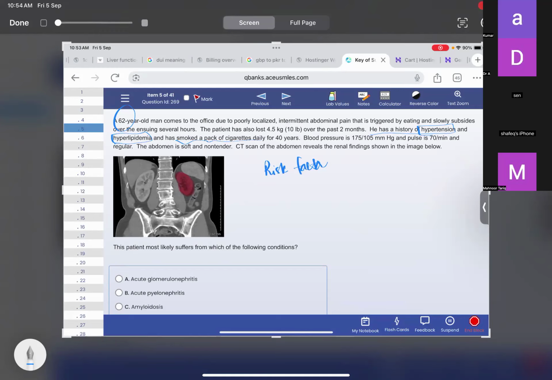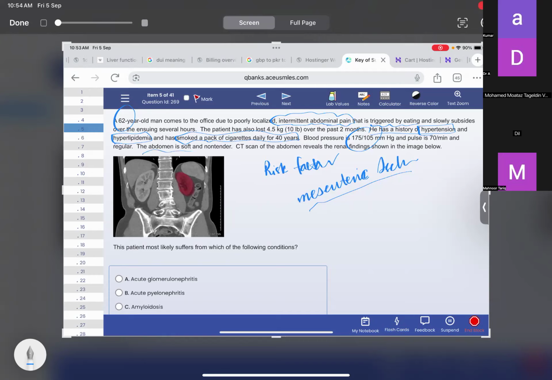So all of these are risk factors of atherosclerosis, okay? And the other confirmatory sign is abdominal pain triggered by eating. So it is more of mesenteric ischemia, okay? If you don't know all the details in a stem, don't worry, because they will give you some of the high yield or pathognomonic signs so that you can answer your question, okay? Blood pressure is elevated, right?